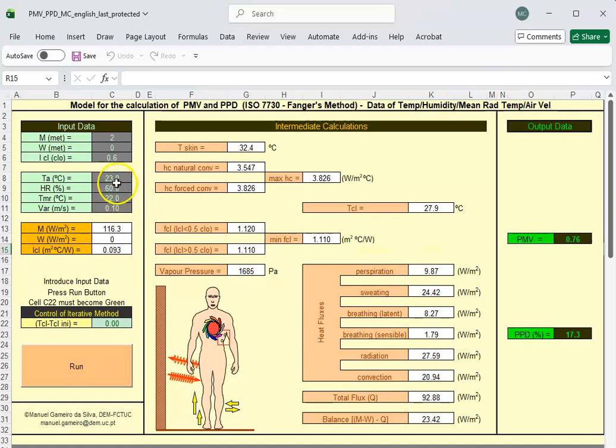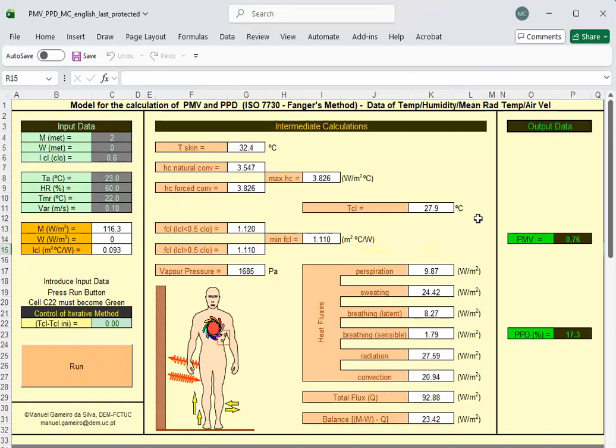So with the air temperature value and the relative humidity, we can calculate the partial vapor pressure, and proceed with the calculations once we have these values.